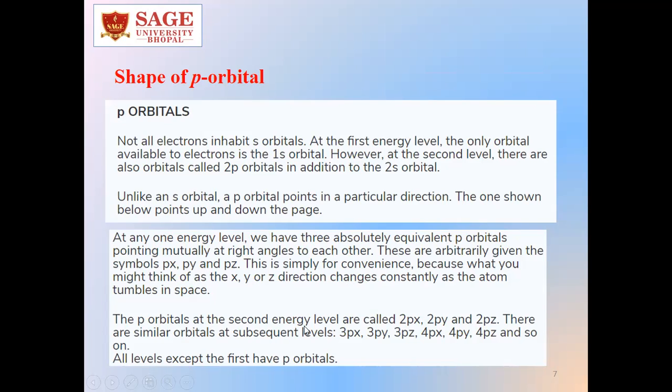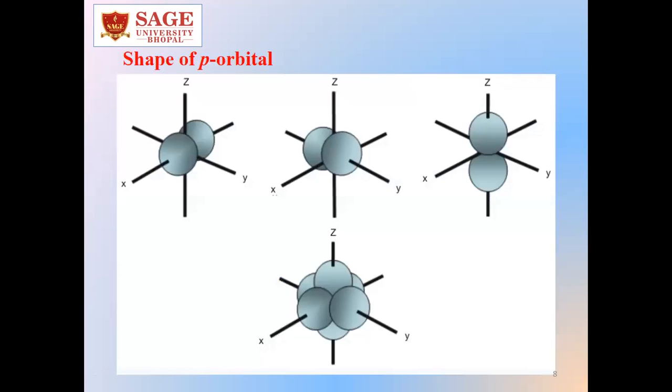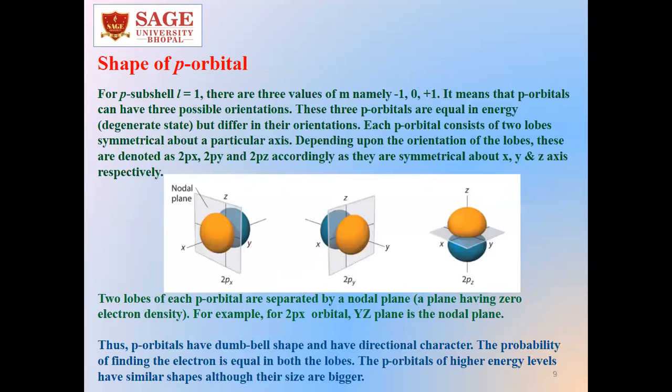The p orbitals at the second energy level are called 2px, 2py, and 2pz. There are similar orbitals at subsequent levels, that is 3px, 3py, 3pz, and so on. So these are the shapes of the p orbital. The lobes are along the x-axis, y-axis or z-axis, and accordingly the names are px, py, and pz orbital.